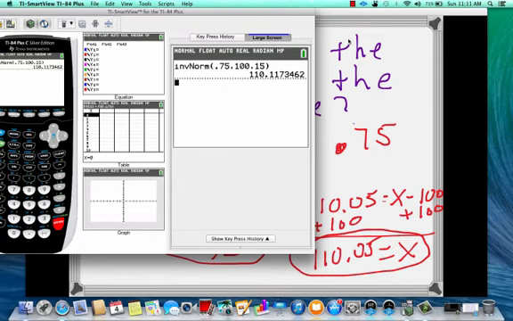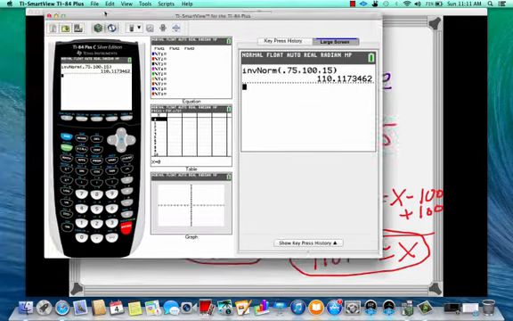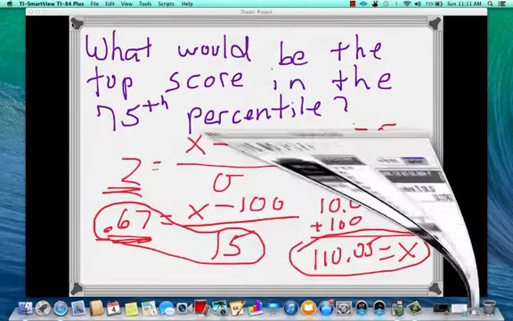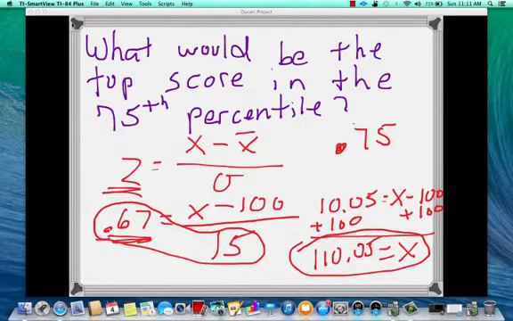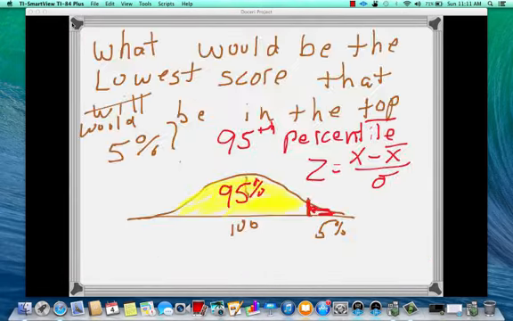Now, going to the next problem that we just covered, the top 5%. Remember what we had to do. We still have to do that for the TI-84, because it's calculating everything to the left, like the Beyonce song. So top 5%, you've got to think 95th percentile.